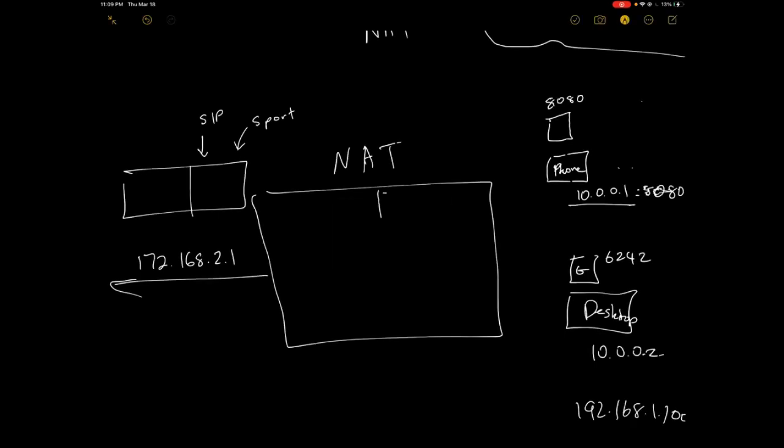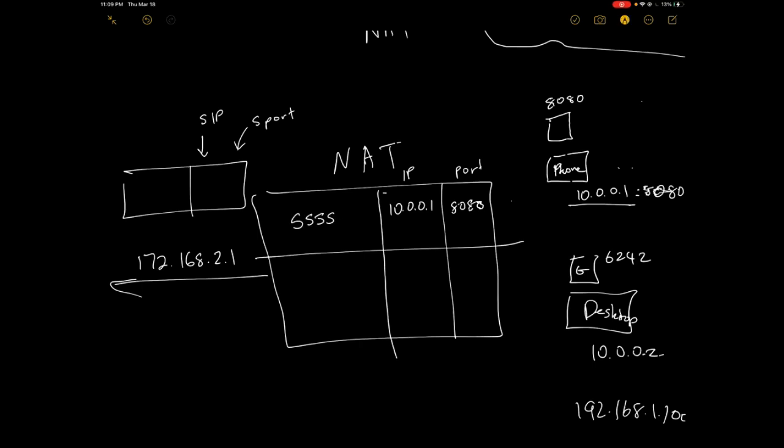And so what we'll have here is IP and port entries. So we'll have an IP address of 10.0.0.1 and a port of 8080. And then here, the network address translation table will map it to its own port. So we'll say this will be represented by port 5555.